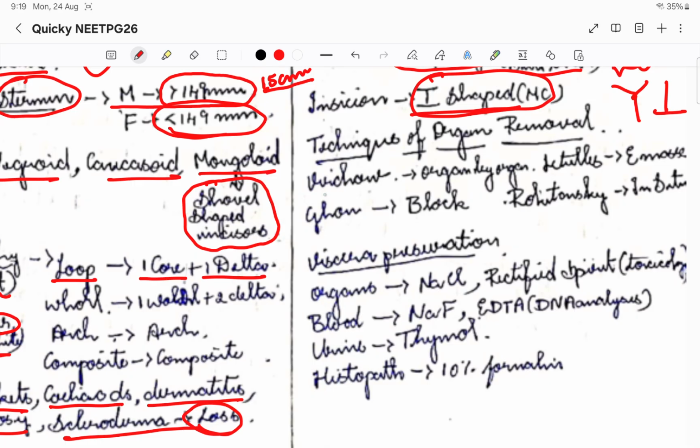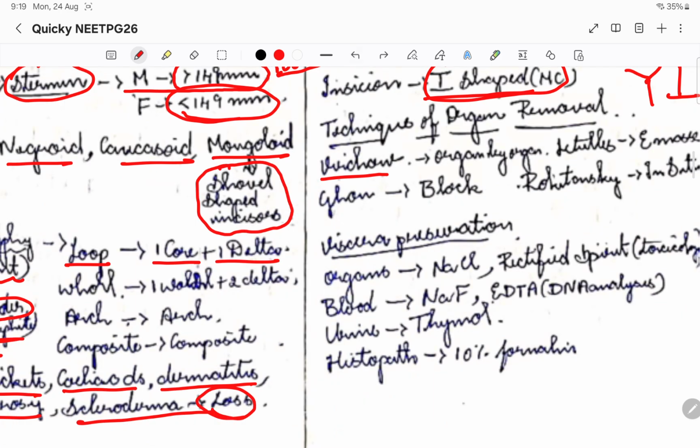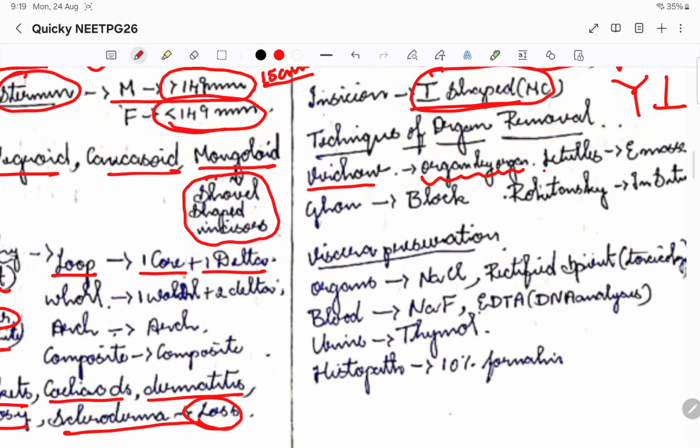That is Virchow's technique, where organs are removed organ by organ, whereas Letulle's is en masse, meaning the entire organ tissue from the body will be removed at once, not one by one as in Virchow's. Here in Letulle's, the entire organ block is removed in one go. Then coming to Ghon's method, it is going to be in blocks.